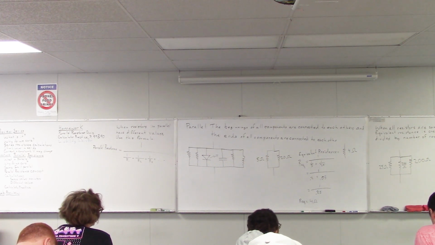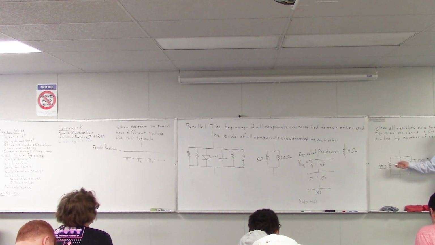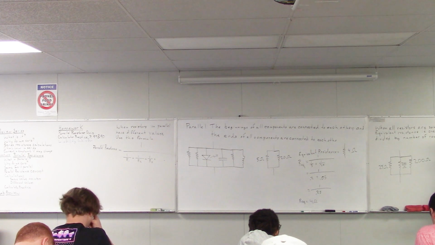So can we use this formula over here, where we just divide by the number of resistors? No, because even though 2 of them are the same, 1 of them is different. So we still have to use that other formula over there.